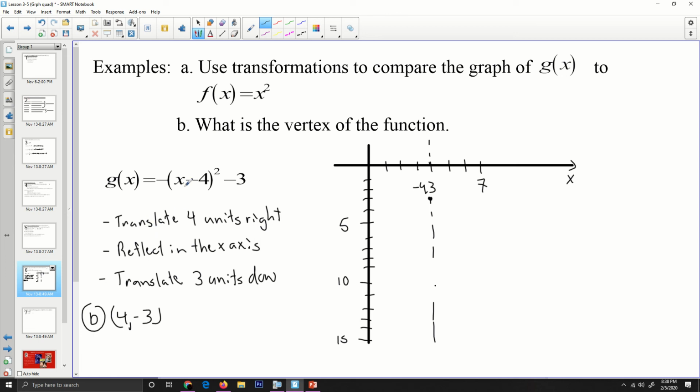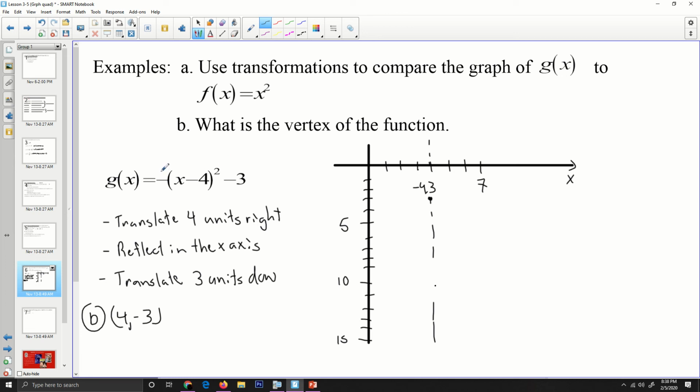If I find a y-intercept, so if I let x equal to 0, it's actually going to be even lower than what I got now that I'm thinking about it. So if I plug in an x of 0 here, 0 minus 4 is -4. I square that, that's 16.